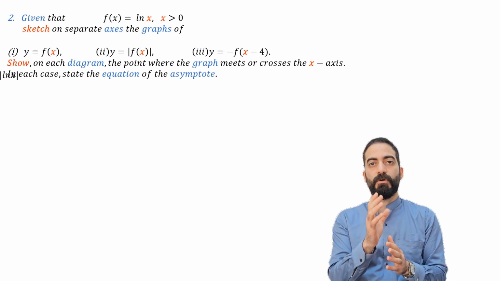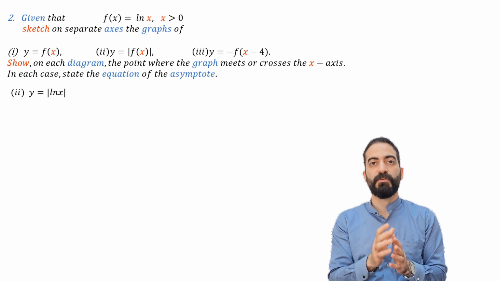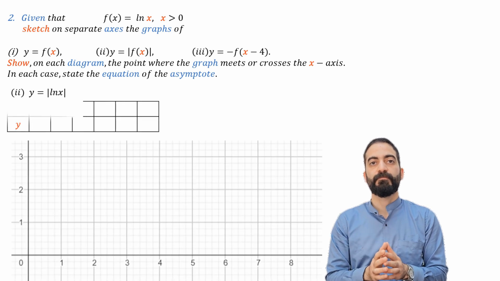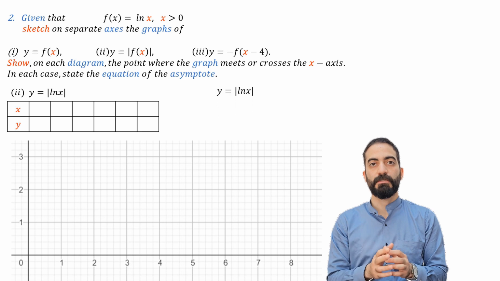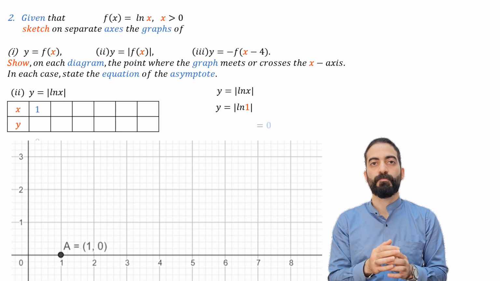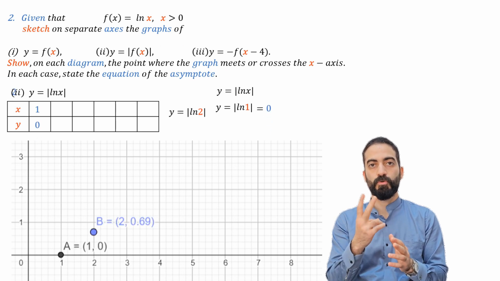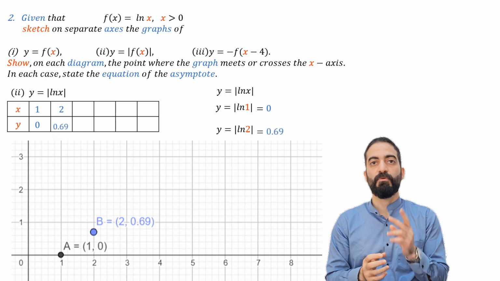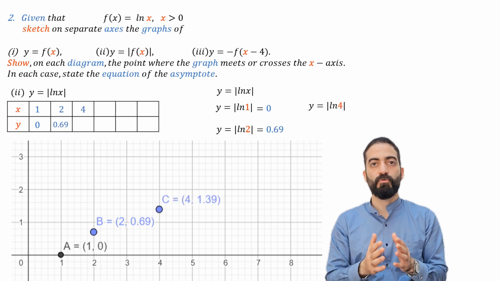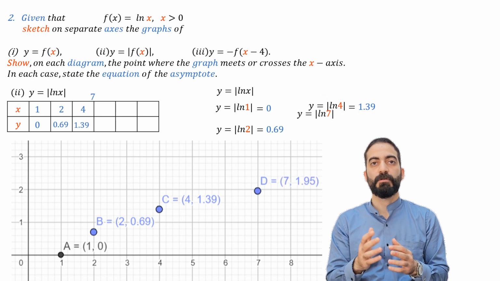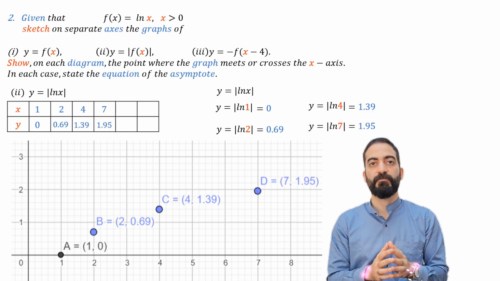Now we come to y equals absolute value of ln x. When x equals 1, y equals 0. When x equals 2, y equals 0.69. When x equals 4, y equals 1.39. When x equals 7, y equals 1.95.